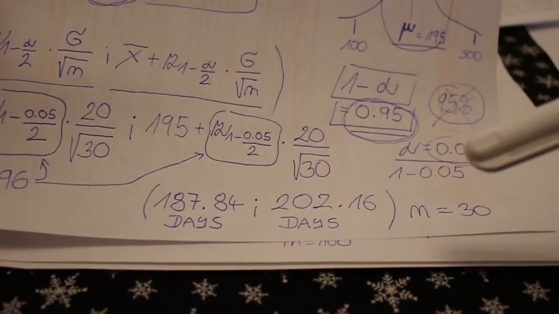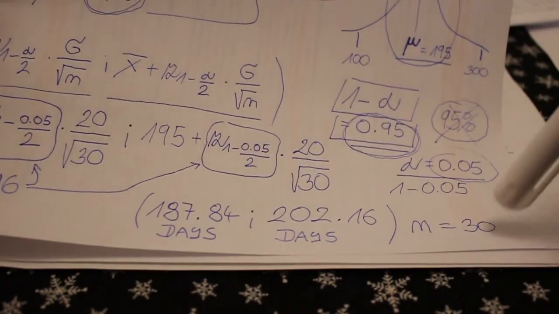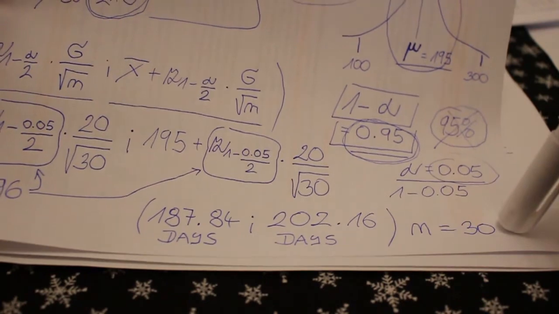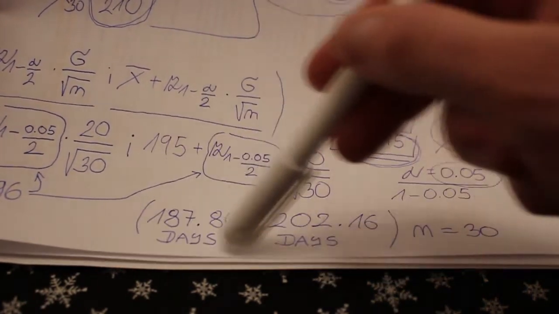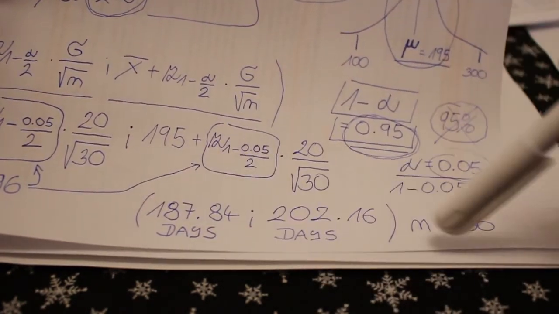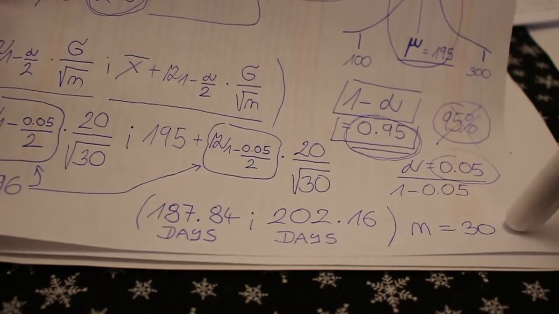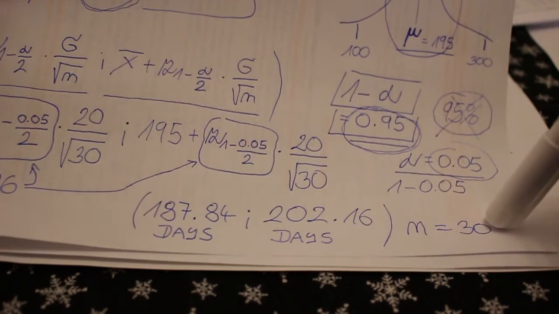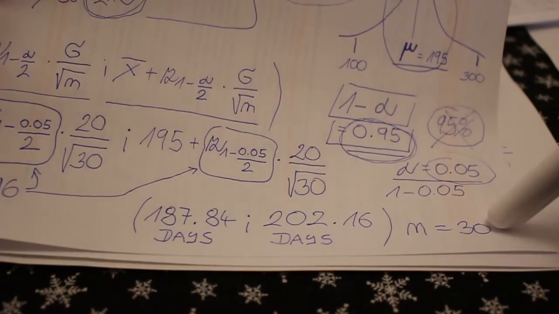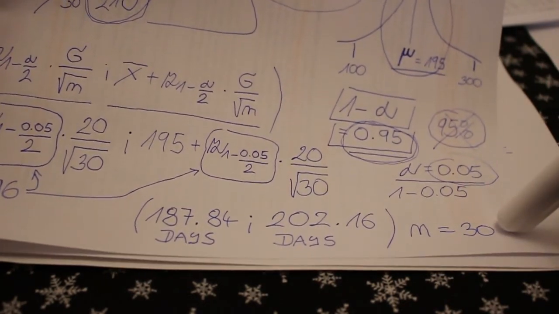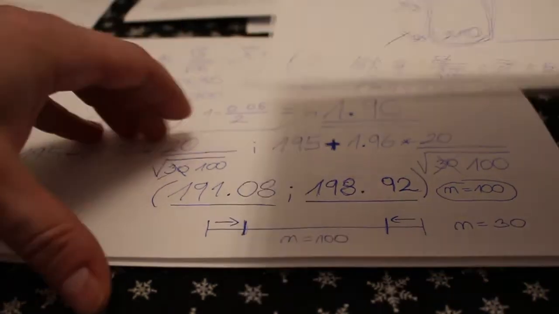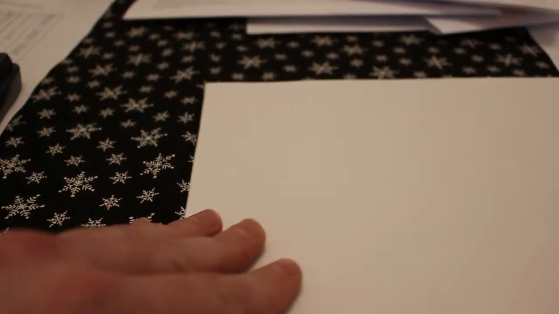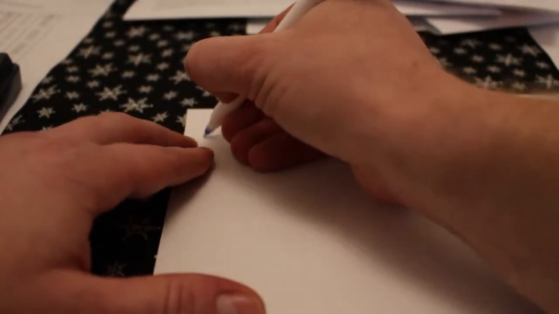So I will use this one. This is my 95% confidence interval, yes, and I will recalculate this confidence interval to confidence interval 99%, n equal to 30, and 99% confidence limit. So I will use another paper, and on this paper I will write a formula.